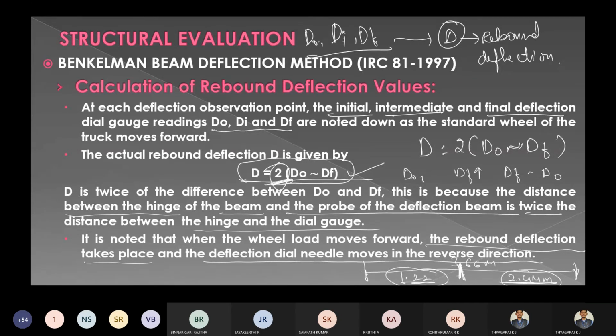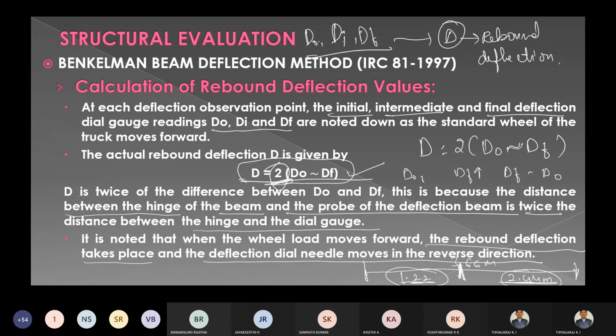In the exam, if they ask the theory portion of this BBD studies, it will be very lengthy. First, you have to write the preliminary survey, then the conduction, then the calculation of rebound deflection, then the mathematical calculations, and how to design the overlay also you have to mention.